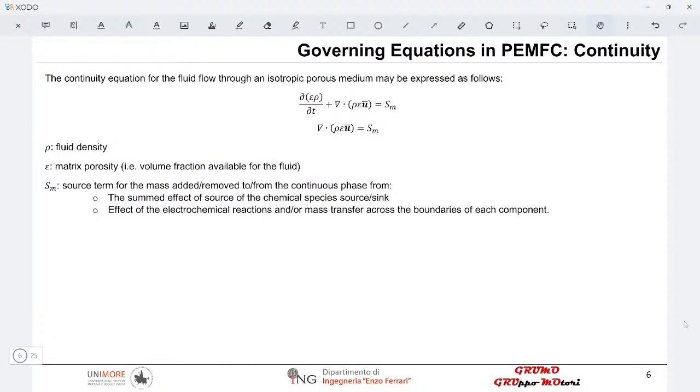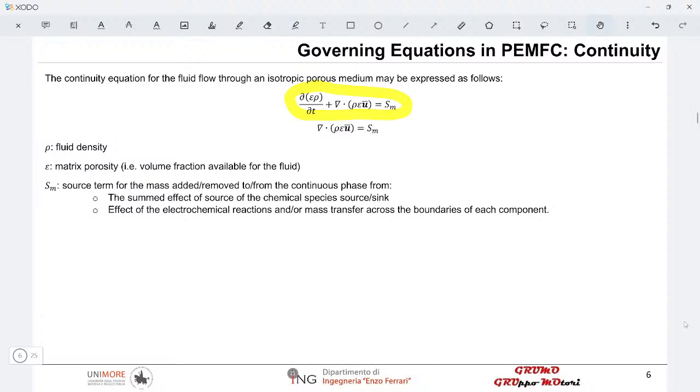Now let's start from the first equation, the continuity equation. This is a transport equation that describes the conservation of mass. Here we have the generic form of the continuity equation, where we have the presence of the epsilon term, so the porosity. The first thing we can say is that we talked about the steady state form.